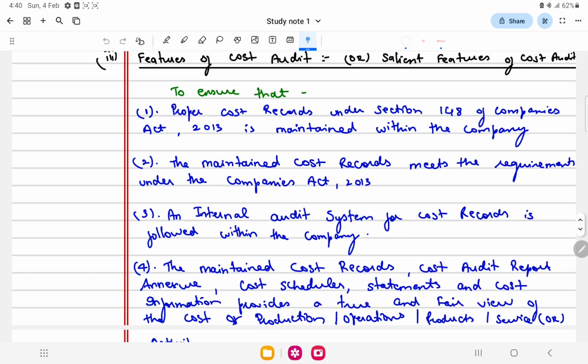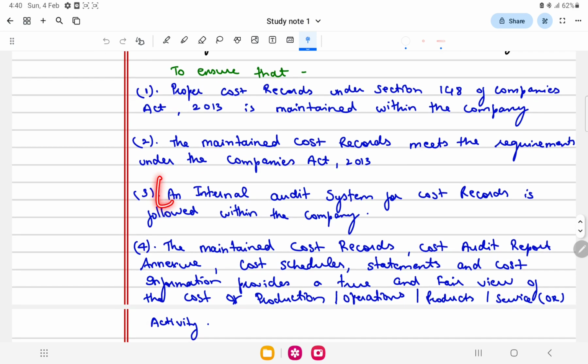Cost audit is to ensure that proper cost records are maintained, and that the maintained cost records meet the requirement under the Companies Act 2013. So both are interlinked.